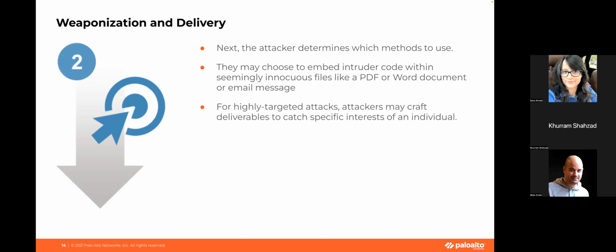For highly targeted attacks, this can be very specific and handcrafted. For example, if they're targeting accounts payable, it could be an invoice, or if they're targeting an executive, it can be made to look as coming from maybe even shareholders or some other high-level business partner, someone who the recipient is usually either expected to trust or even more so follow instructions from.